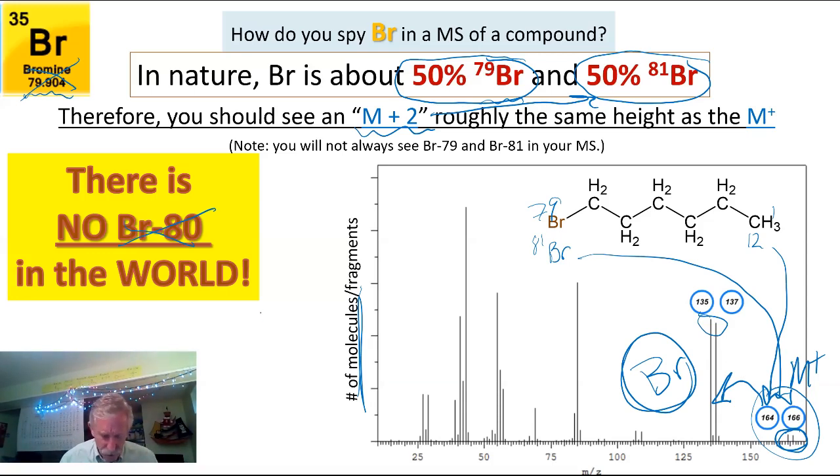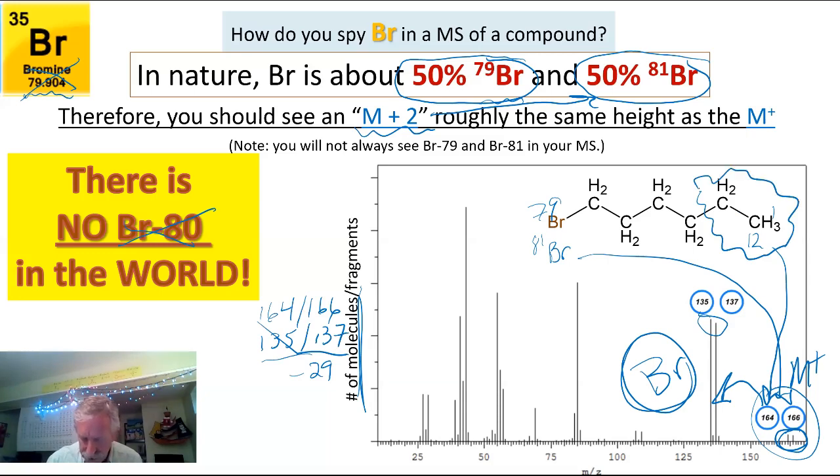So from 164 and 166, I got to 135 and 137. In both of these situations, I lost 29. What weighs 29 in my molecule here? 2 carbons and 5 hydrogens. This is 29 grams per mole.